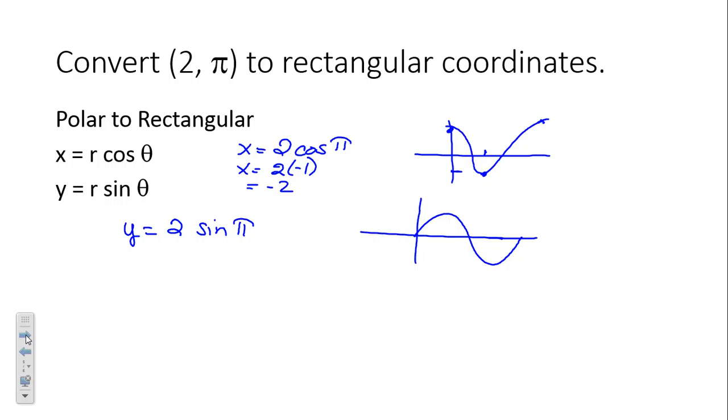Between 0 and 2 pi, pi is right here. So what is the sine of pi? 0. So 2 times 0 is 0. So 2 comma pi in polar coordinates is the same thing as -2, 0 in rectangular coordinates.